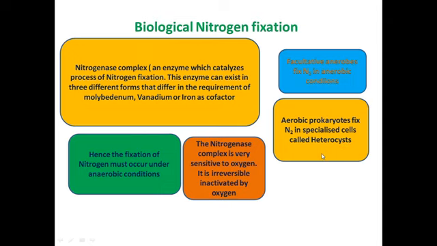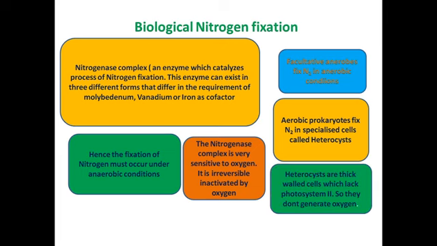You must have already heard somewhere about heterocysts. What are heterocysts? These are thick-walled cells which lack photosystem II. They don't have any photosystem II. You already know the splitting of water takes place in photosystem II, when water is separated to oxygen.